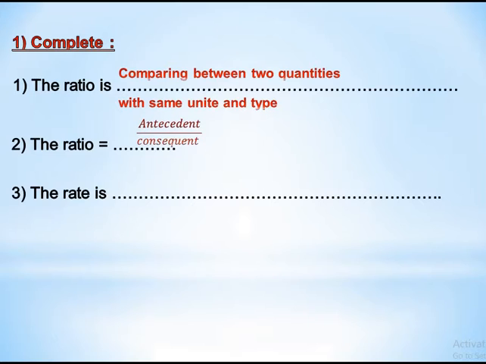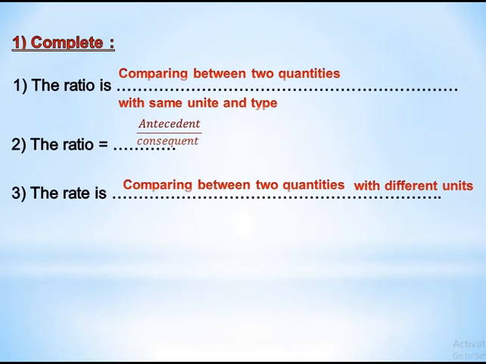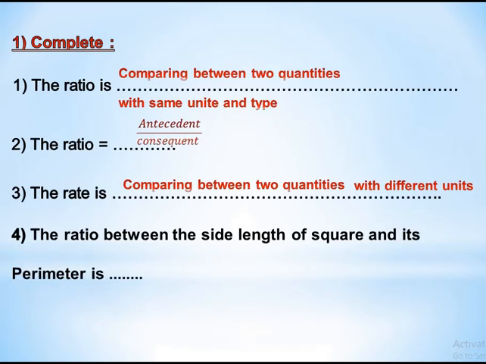Number 3, the rate is comparing between two quantities with different units. Never forget the difference between the ratio and the rate. The ratio must be in the same unit, the rate, different units.